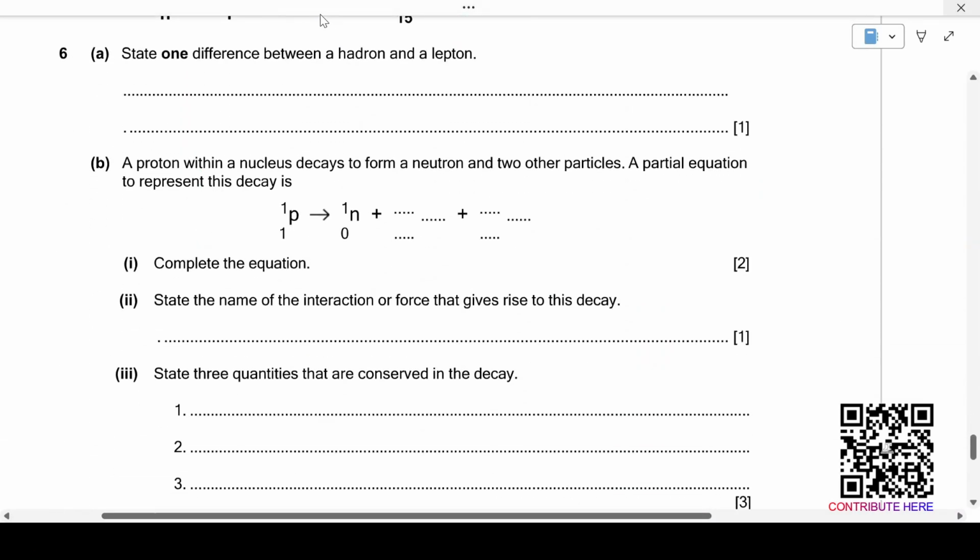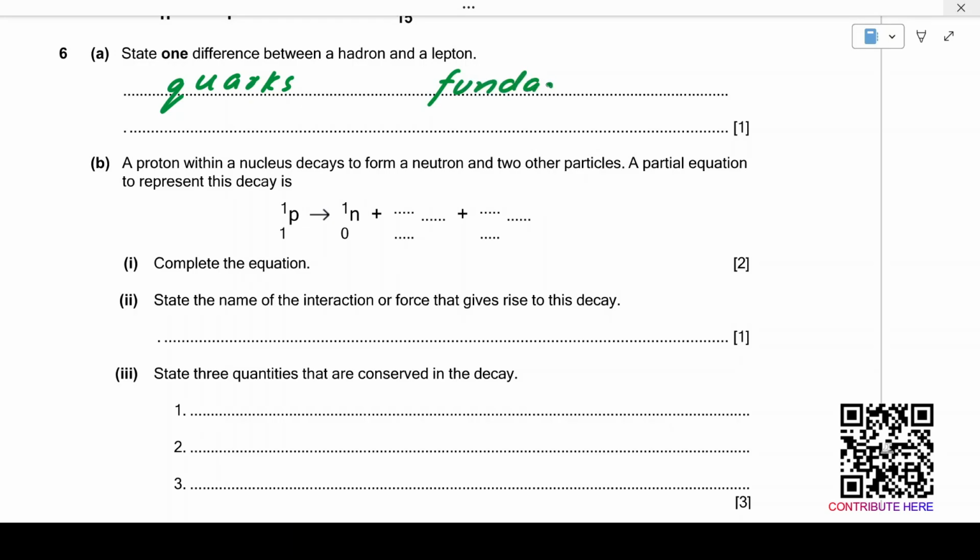State one difference between hadron and lepton. Hadrons contain quarks. They can be divided into quarks. Leptons cannot be divided into quarks because they are fundamental particles. Proton into neutron, beta positive and neutrino, 0 0 and 1 0.